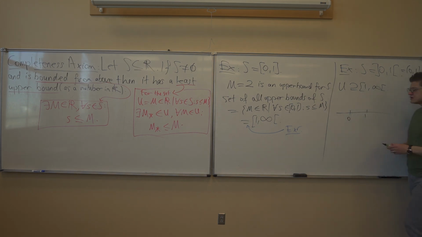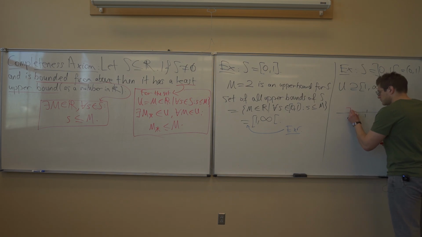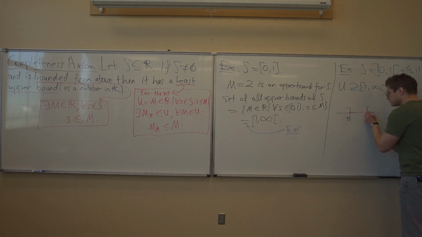This is S, and this part is U. Now, I'm saying maybe U has more points. Well, how can it have more points? It would perhaps be like a ray that starts here. Maybe it intersects S, is what I'm saying. Could that happen? It cannot.